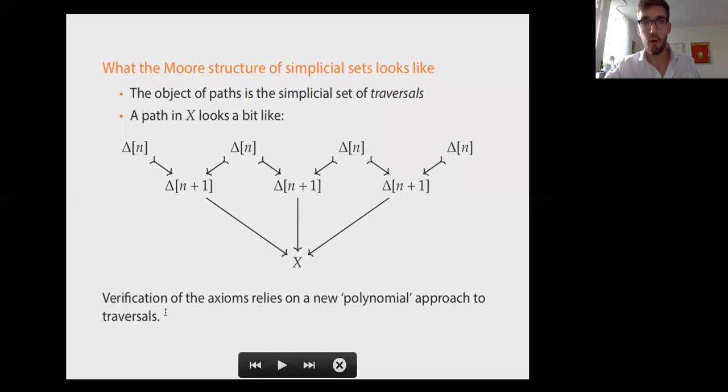But key to our new approach and to showing all the axioms, including difficult axioms like the distributive law, is a new approach to this functor, using the fact that the Moore-path functor on simplicial sets is a polynomial functor. That's a separate new result that makes it much easier to check the axioms than in the original paper.